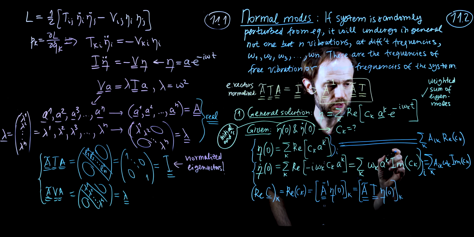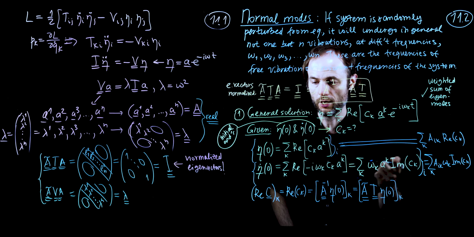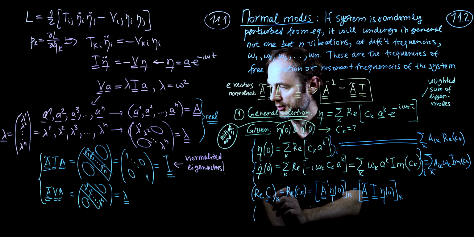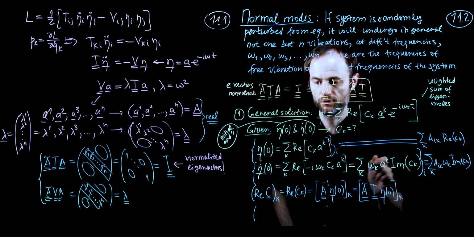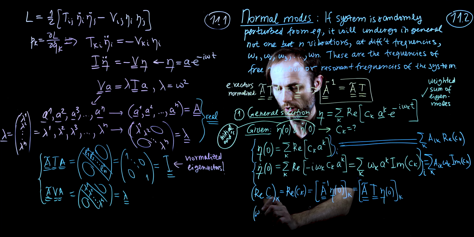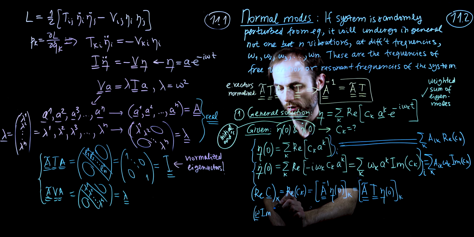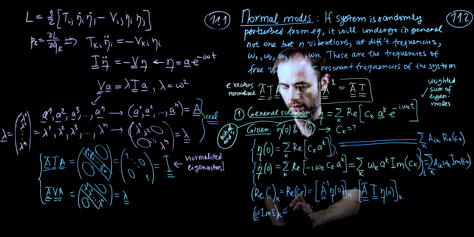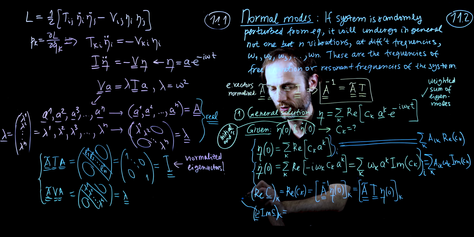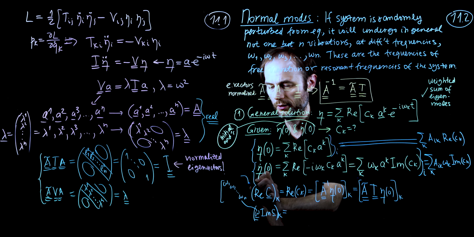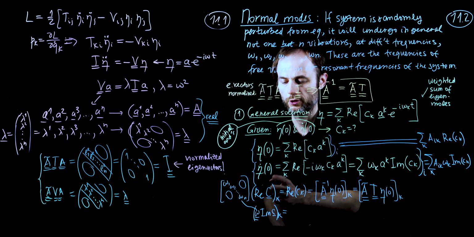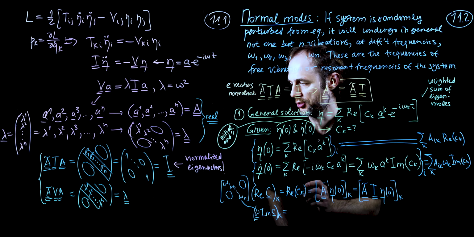Let us now do exactly the same thing for the velocities. Let us now solve for omega_k times the imaginary part of c_k. So that will be omega times the imaginary part of C, where omega is going to be equal to omega_1, omega_2, omega_n along the diagonal, very similar to the lambda matrix.